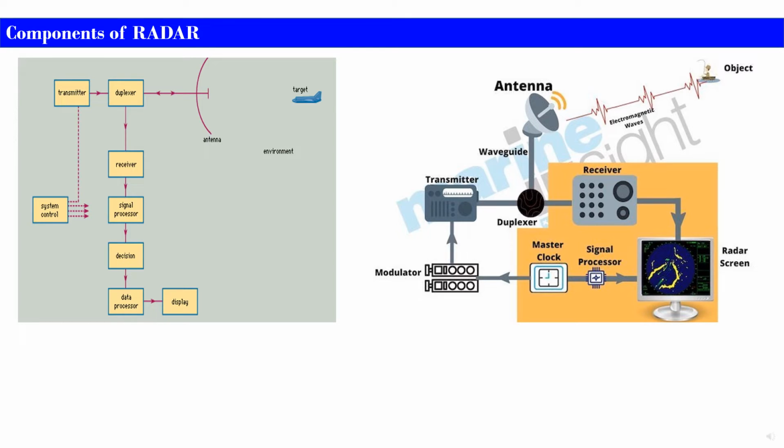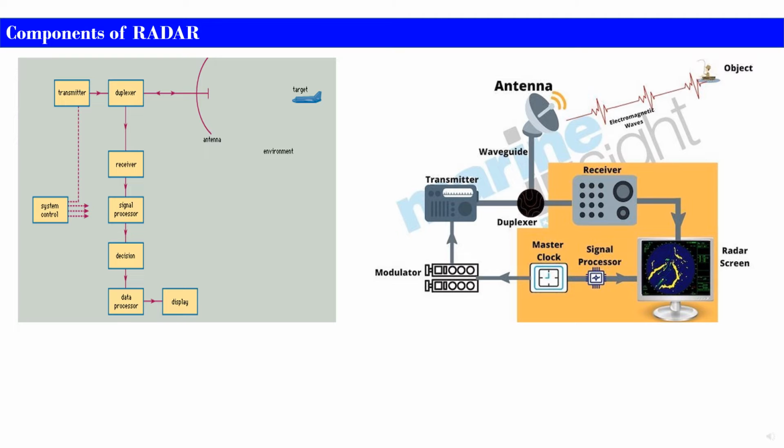Similarly, for better understanding, one can refer to the block diagram in the presentation where we have indicated the components: control system, output, transmitter, duplexer, receiver, signal processor, decision, data processor, display, radio antenna as well as the target.